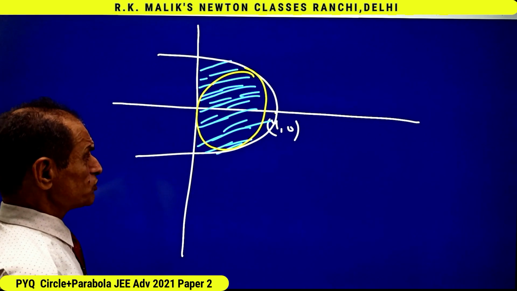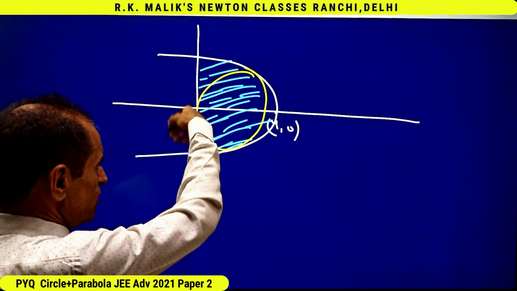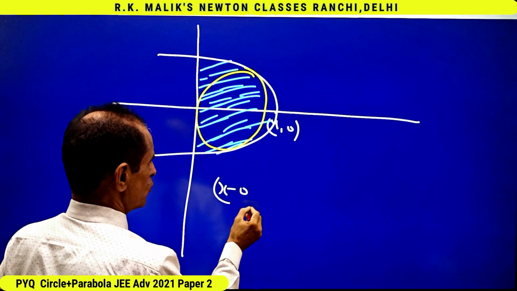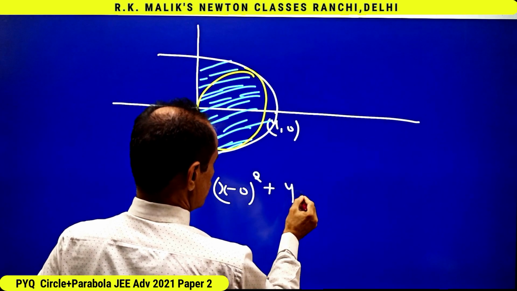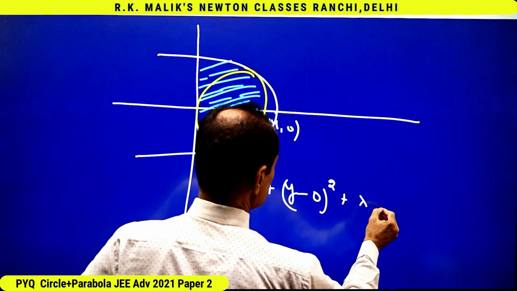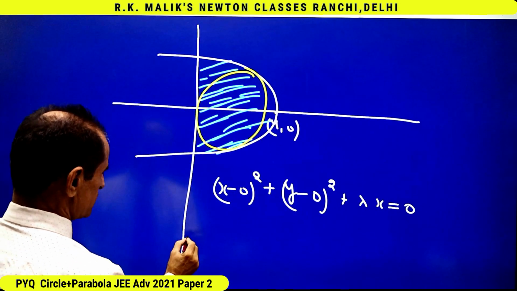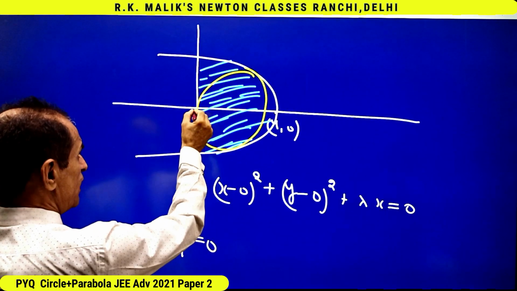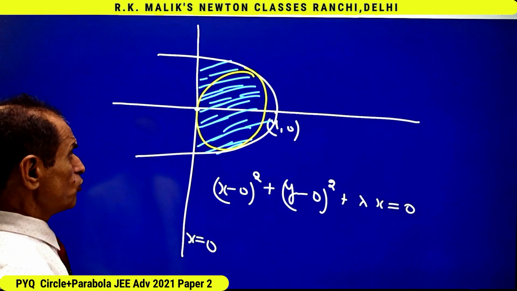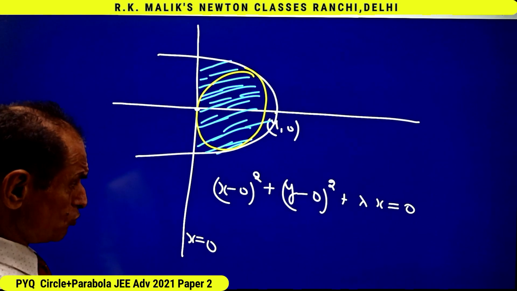First thing is using the concept of point circle. As I told you, the equation of the circle is x minus 0 whole square plus y minus 0 whole square plus lambda into x equal 0, because the equation of the y-axis is x equal 0 and the point where the circle is touching the y-axis is the origin, and the concept of point circle I have just now told you.